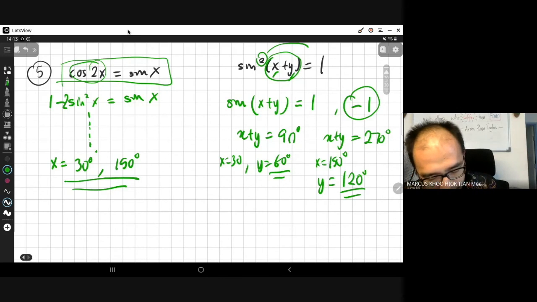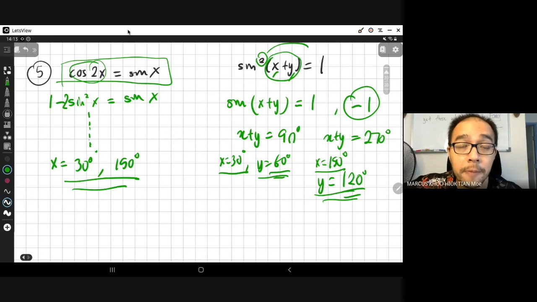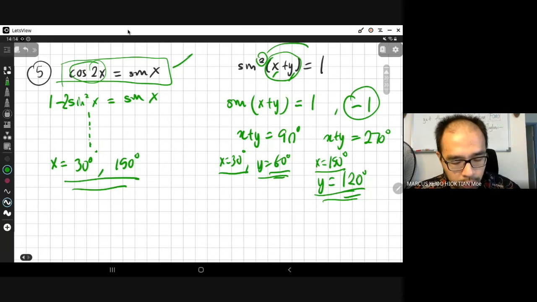So the x values are 30, y 60, x values are 150, y equals 120. But the skill that we need here is to know how to find one set of angles, and then only we do the y. So it's a different kind of simultaneous equation, but it is still called simultaneous equation because you use one equation, you solve it, and then you solve another equation based on the first equation.